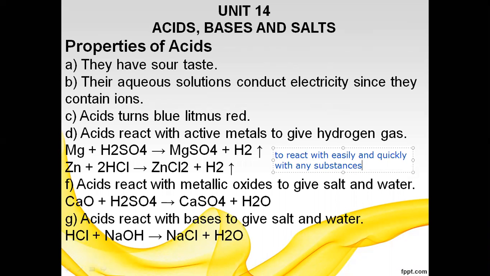Magnesium and zinc are active metals, so they react with acids. Magnesium plus sulfuric acid, H2SO4, H subscript 2, S O subscript 4. This is called sulfuric acid.